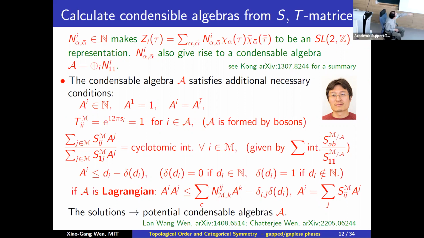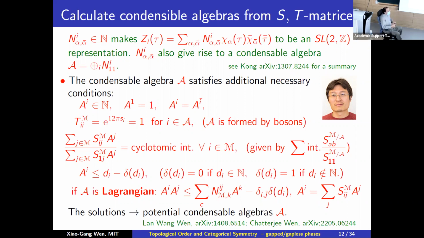And if A is Lagrangian, it has two additional conditions. If A satisfies the previous condition, you may get a Lagrangian or non-Lagrangian condensed algebra, but the Lagrangian one satisfies this additional condition. In some sense, the Lagrangian one is roughly speaking the maximum condensed algebra. A non-maximum one is non-Lagrangian.